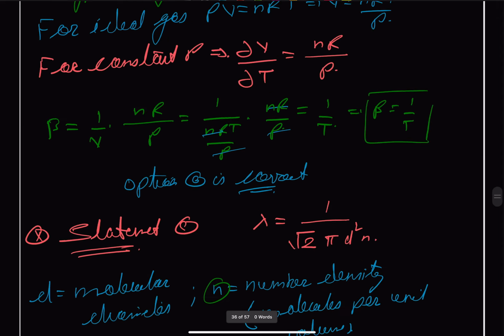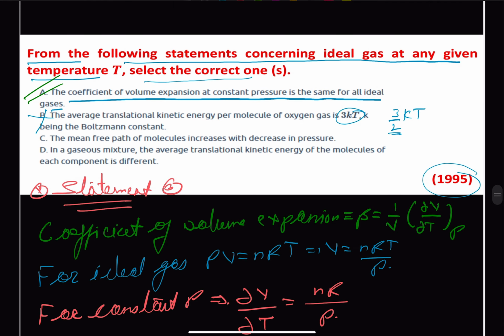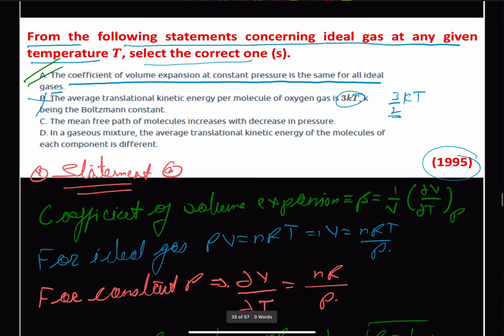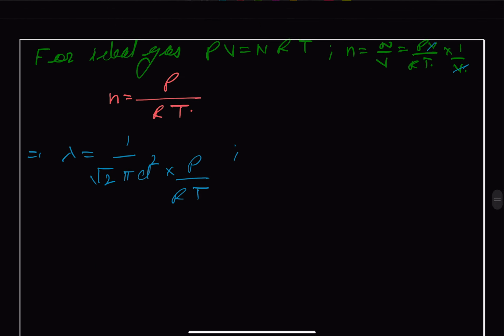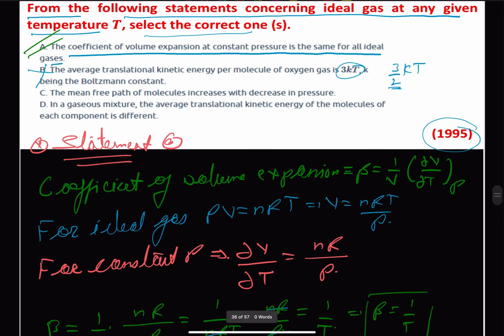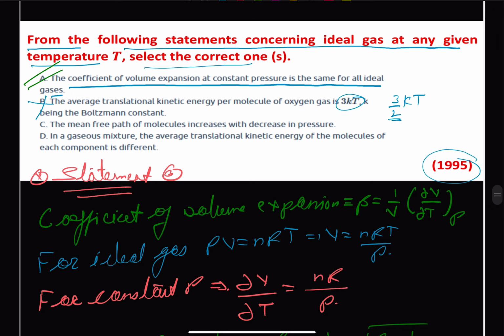For constant temperature T, we can write that our lambda is inversely proportional to our pressure P. So if our pressure decreases, the mean free path is going to increase, and vice versa. So option C is correct.